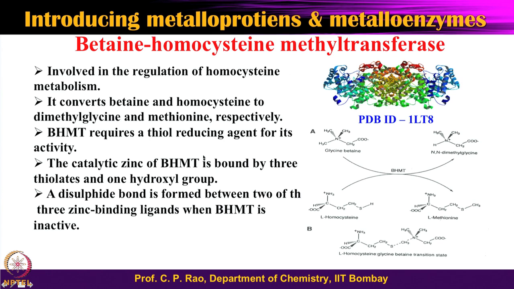The enzyme undergoes an oxidative step and a reductive step, but zinc 2 plus does not undergo redox. So this is again another case where the enzyme undergoes reduction and oxidation, but zinc does not. So what is going on? It is the cysteine SH and the disulfide SS. What is the cysteine and disulfide relation?